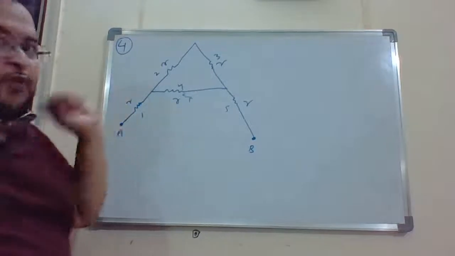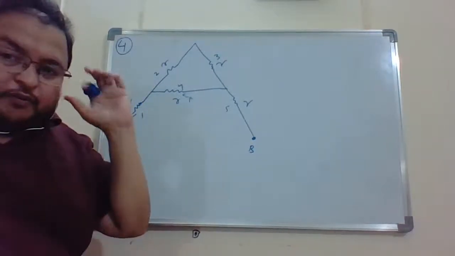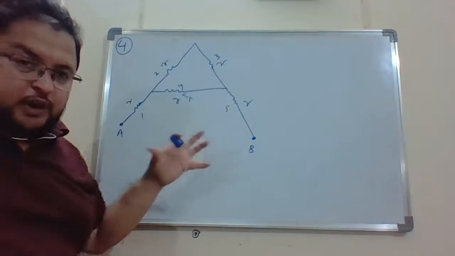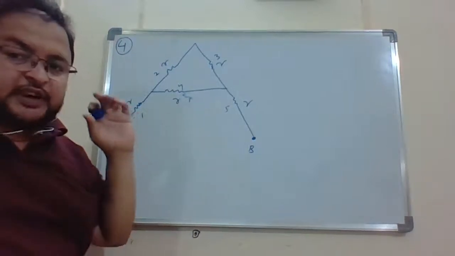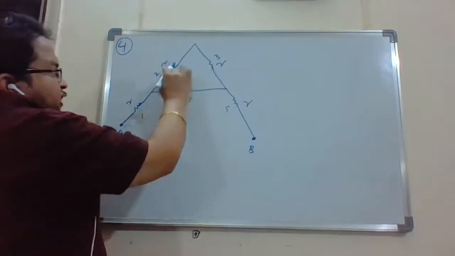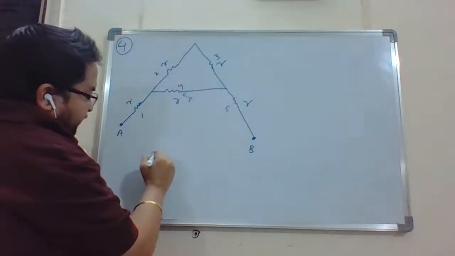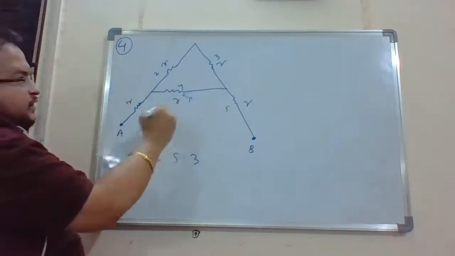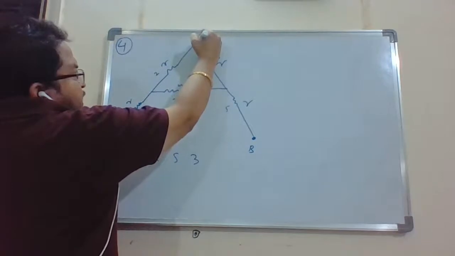We'll follow the same principle. First step, the ones which are in series, let us try to find them out and add them so that my circuit will start getting simpler. So here straight away I can say 2 and 3. Can I say 2 is in series with 3? Again, the same reason: find out their meeting point.